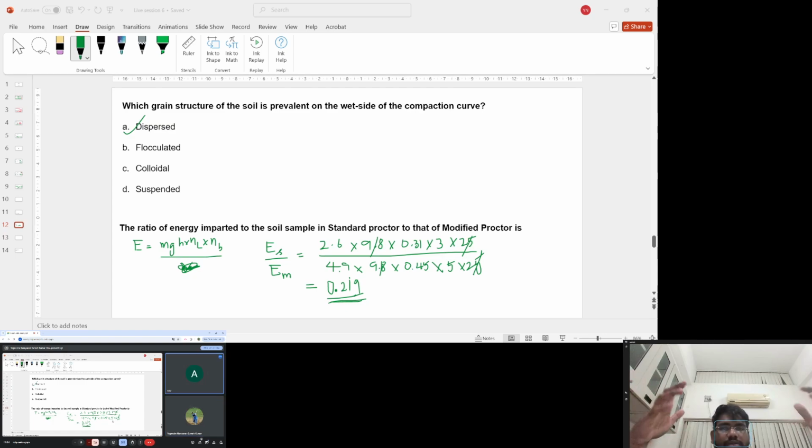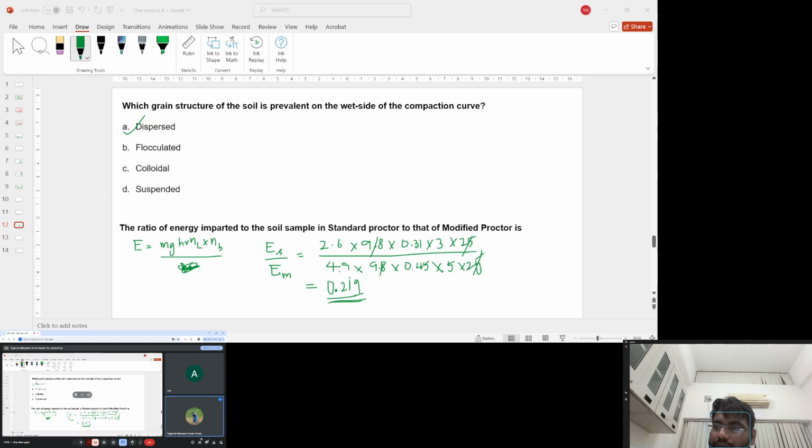In that case also you can get the same effect that is imparted in the standard Proctor test by comparing the energy per unit volume. That is how we have to scale it.